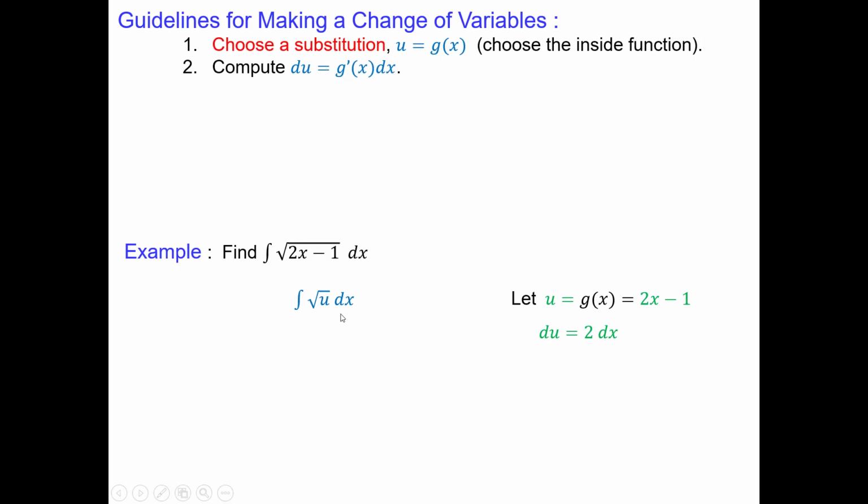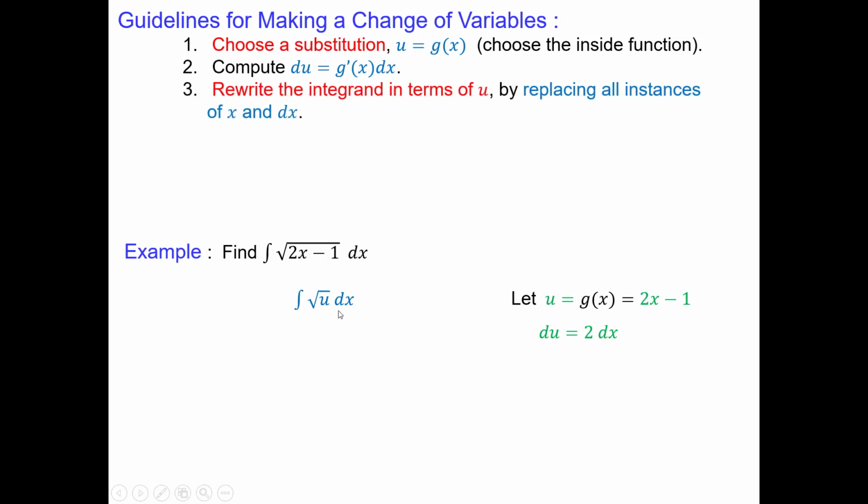The problem is I can't replace that dx yet, but I do need to rewrite that integral somehow in terms of only u's and du's by replacing all of my x's and dx's. So that means that I need to realize there's a dx, so solve for dx, which is du over 2.